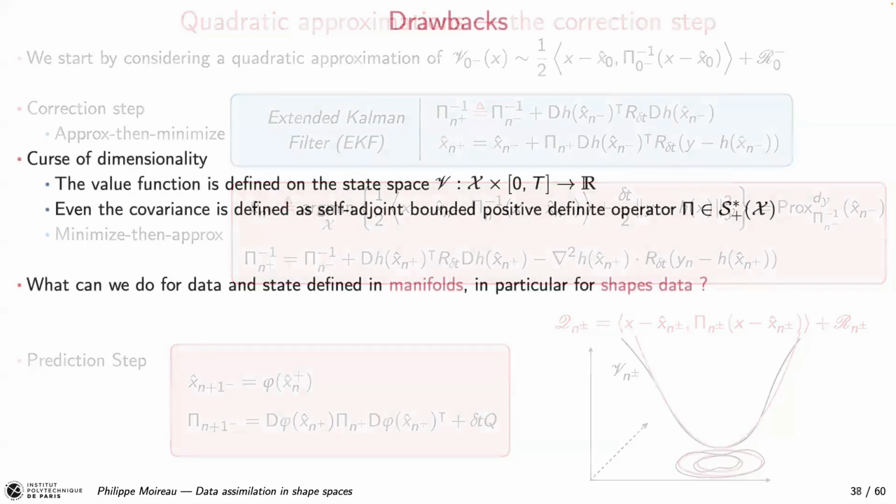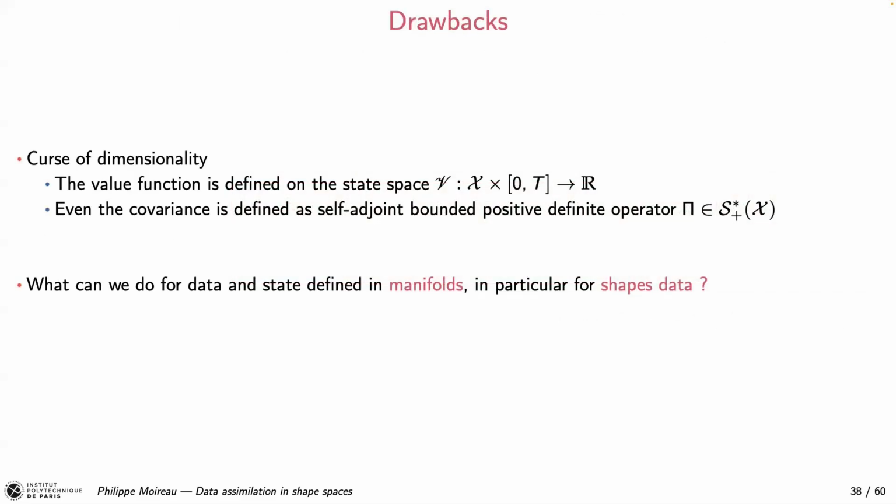But, okay, huge curse of dimensionality. The value function, you don't expect to solve it, but even for the covariance, it's a very big operator. And what we didn't have until the thesis of Gael was something for nonlinear systems, but not on manifolds.